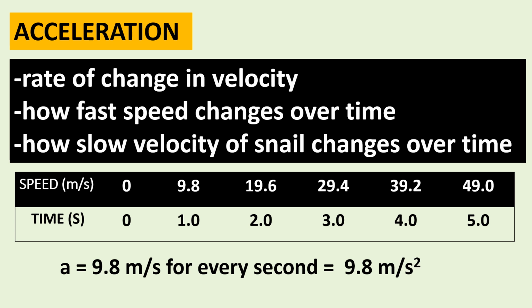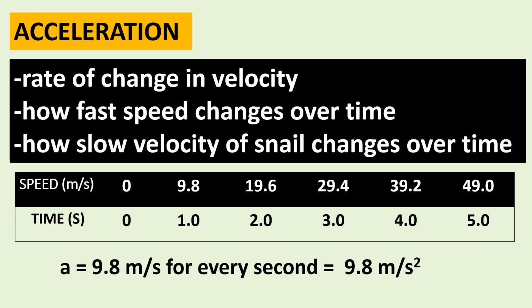Or if you're talking about how slow the velocity of snails change over time, that's also all about acceleration. And if you look at the data in the table, where the speed of a moving body expressed in meters per second are given, the time elapsed also expressed in seconds are also given.